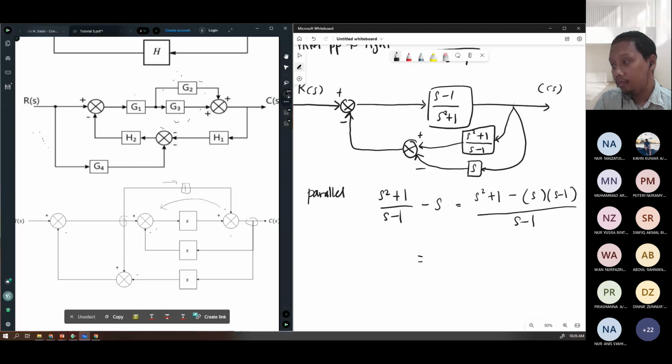Simplify. So we get 1 plus s over s minus 1.